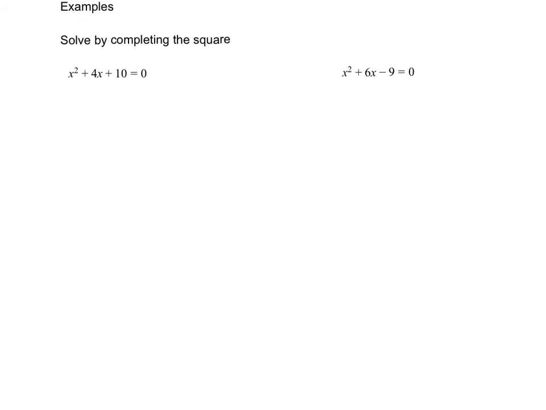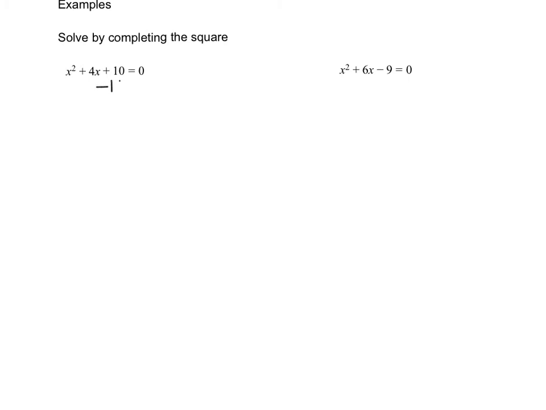So we have x squared plus 4x plus 10 equals 0. And a is 1, so we can go ahead. We don't have to worry about dividing by anything. First step is going to be to move c to the other side. So that's going to be subtracting 10. So you have x squared plus 4x, and I'm going to leave room for that constant, equals negative 10.